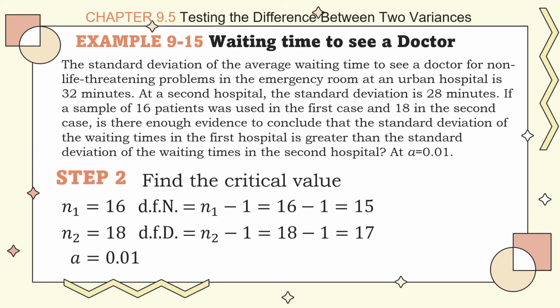And for the degrees of freedom denominator, we have n sub 2 minus 1, which is 18 minus 1, which is 17. So our degrees of freedom numerator is 15, and the degrees of freedom for the denominator is 17. And our alpha level is 0.01.